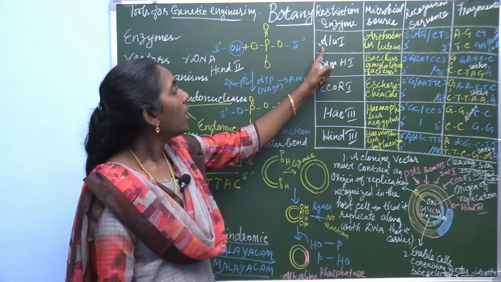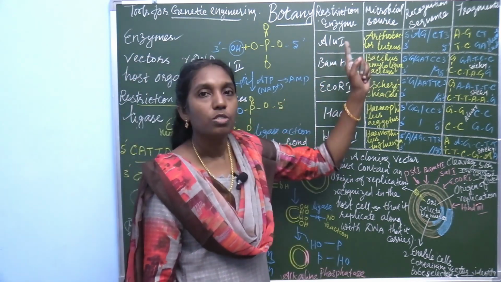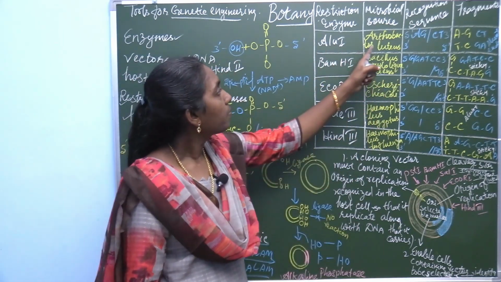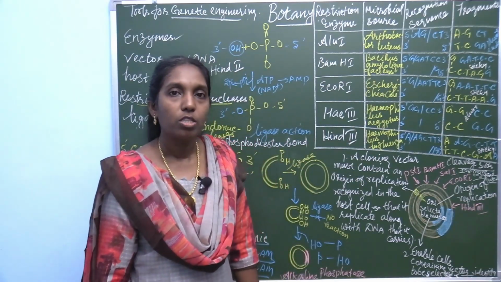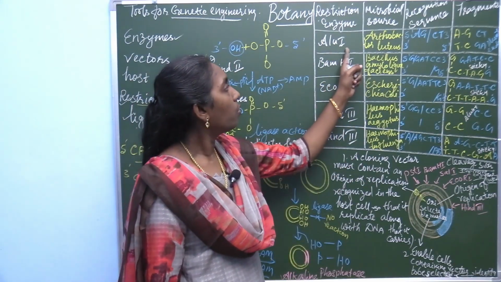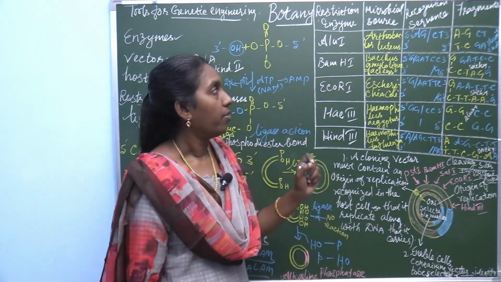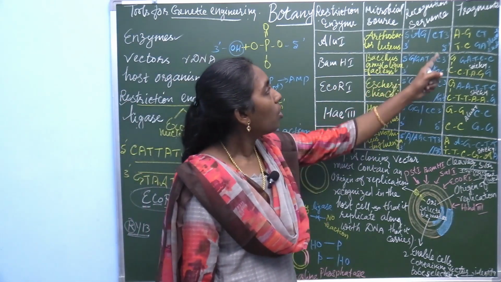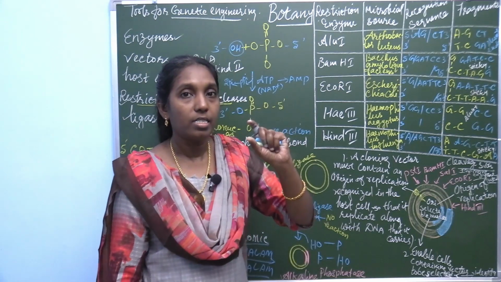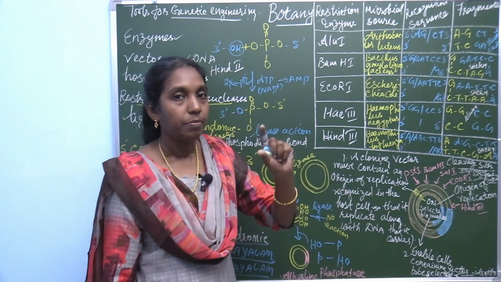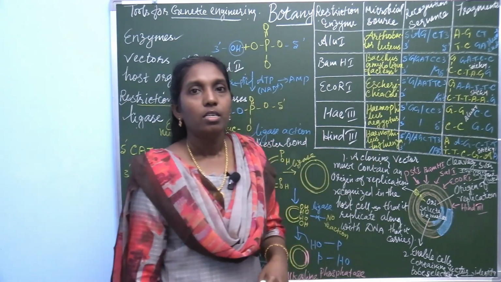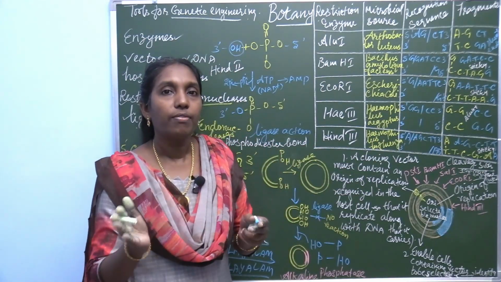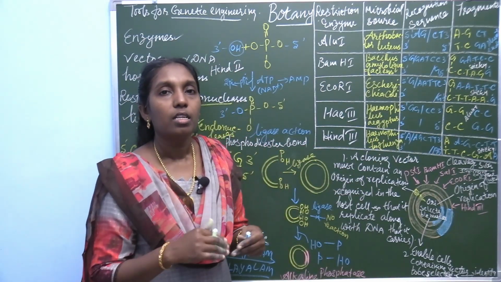For example, AluI: the microorganism is Arthrobacter luteus, and AluI is derived from it. It recognizes the sequence AGCT. When it cuts, there are two different kinds of ends.